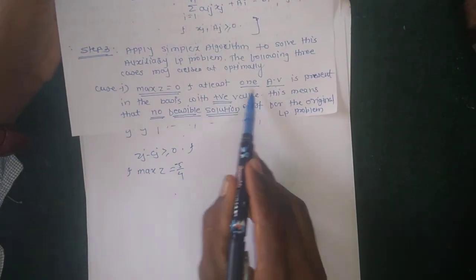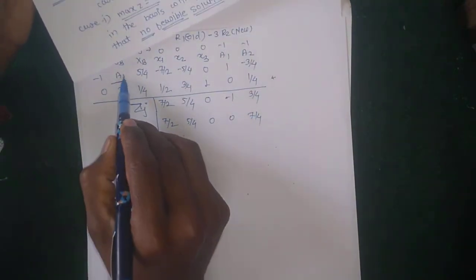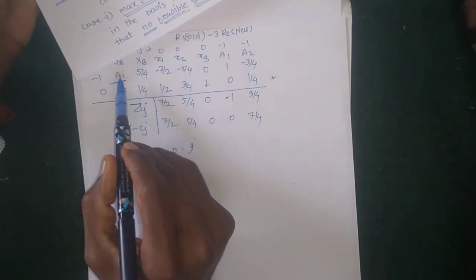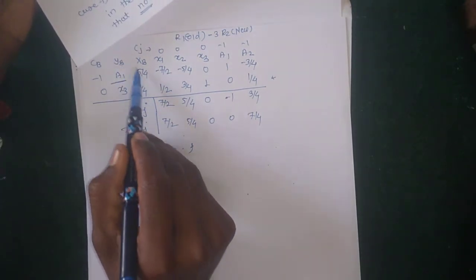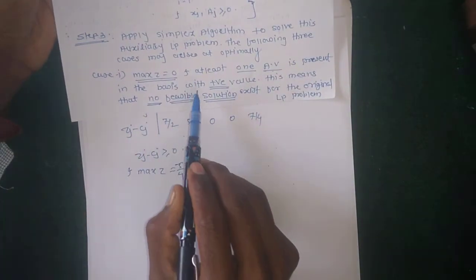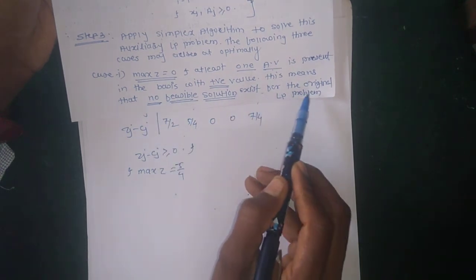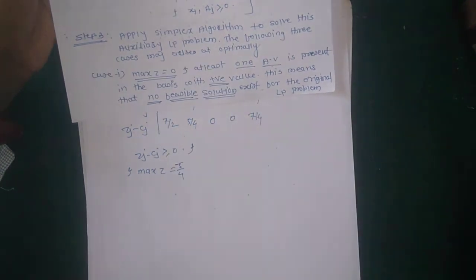This is also negative, and therefore at least one artificial variable is present in the basis with positive value. Here this artificial variable is present in YB and its value is positive. So therefore this means that no feasible solution exists for the original LP problem.